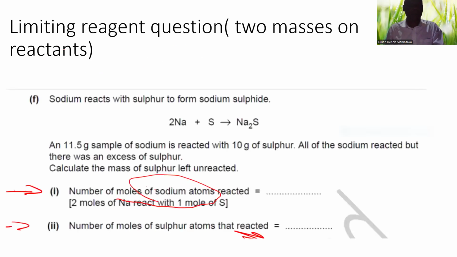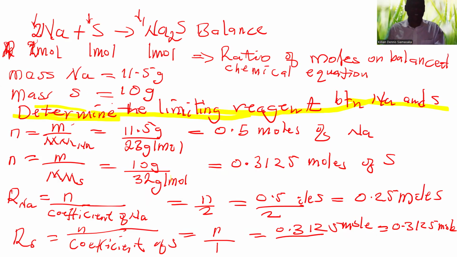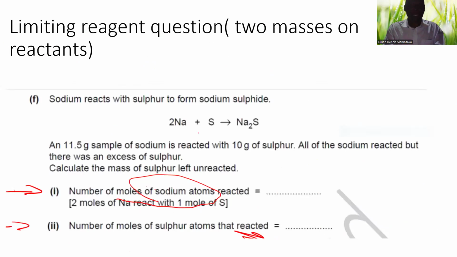Now let me show you a sample of the lessons. For example, here is a question on limiting reagents. This is a past paper, and this question is solved. Here you have to calculate the number of moles of sodium as well as sulfur.